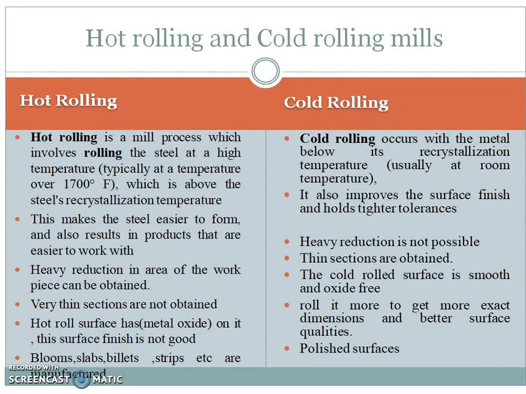Hot rolling and cold rolling, as I already told you, depend on the temperatures. Hot rolling means this mill works at about 1700 degrees Fahrenheit. Why is this much temperature required? The main conversion process takes place in this kind of rolling mill only: iron to blooms, iron to billets.